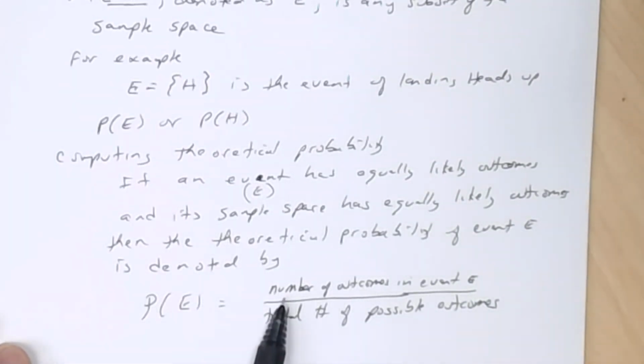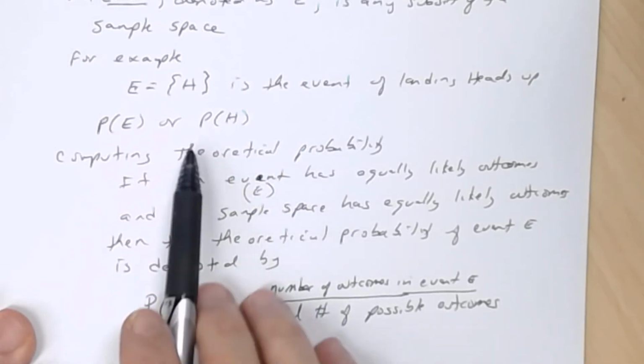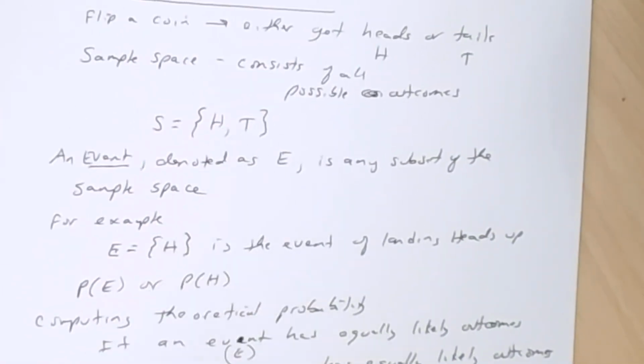So the probability of event E occurring would be the number of outcomes in event E divided by the total number of possible outcomes, which would be your sample space.